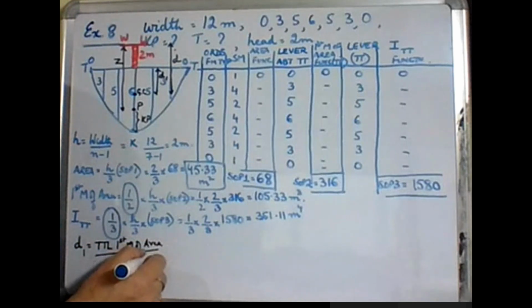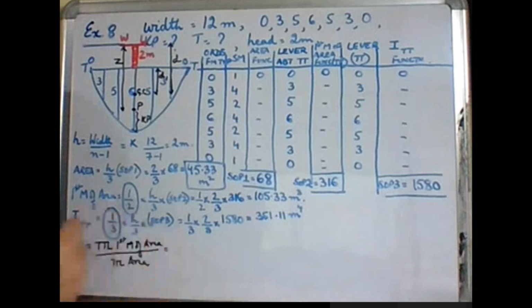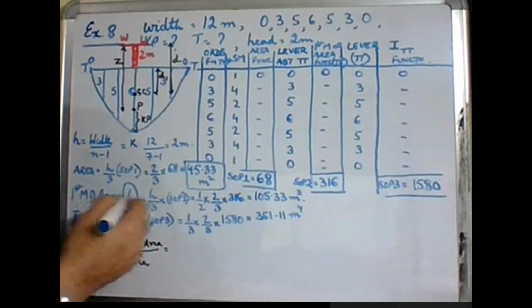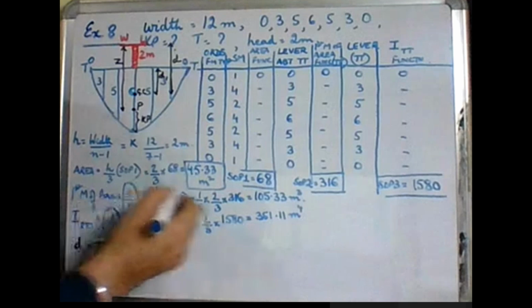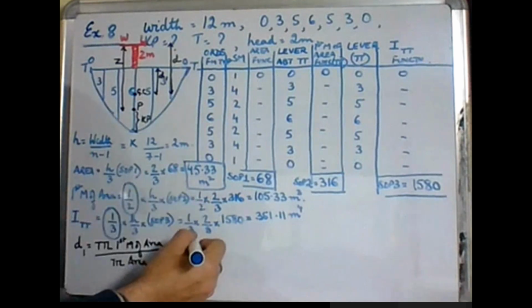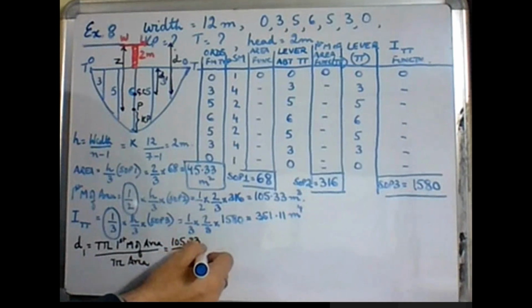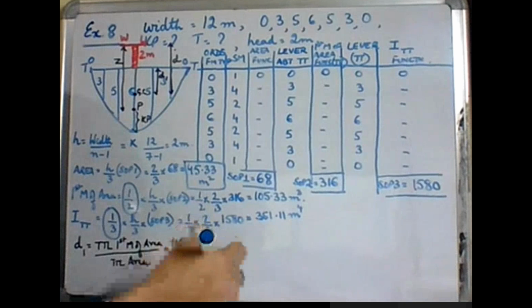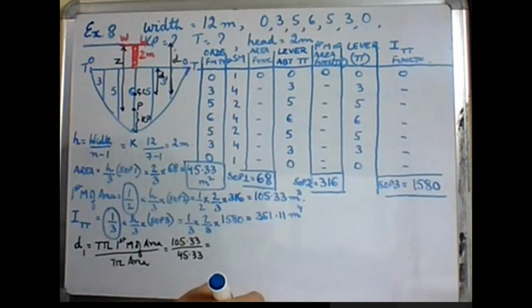This will give me D1. So total first moment of area 105.33 divided by total area 45.33. How much does D1 come to? 2.32.